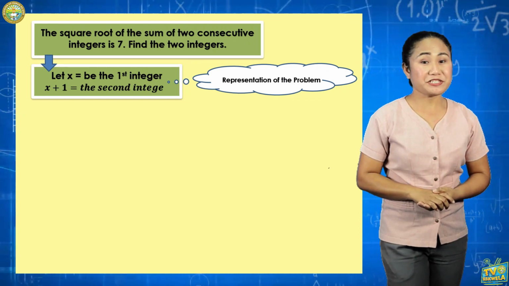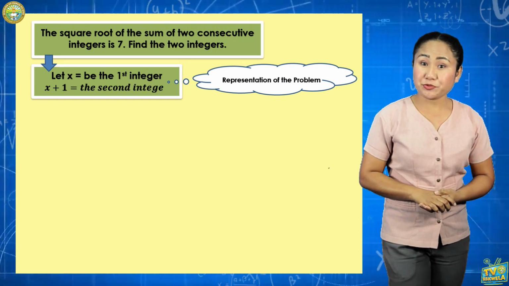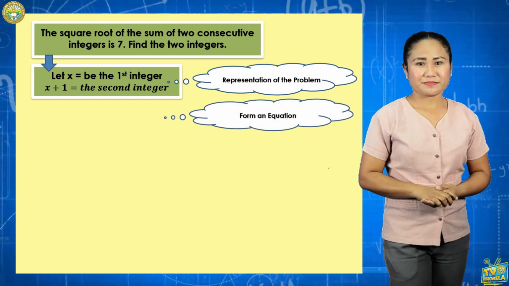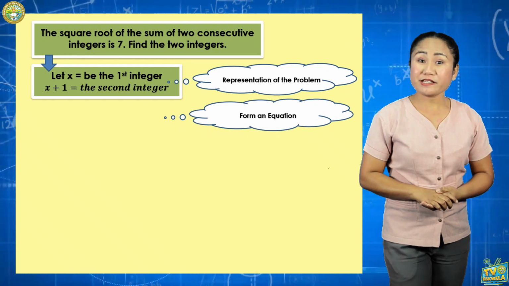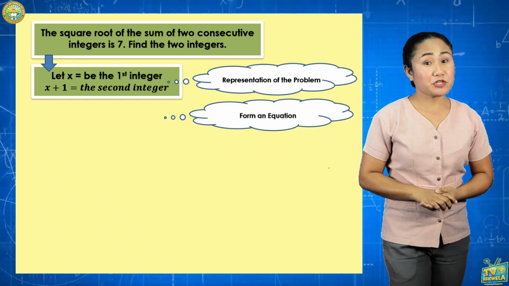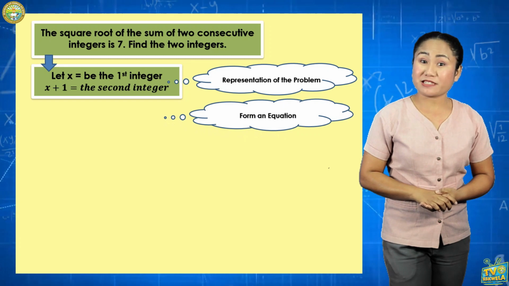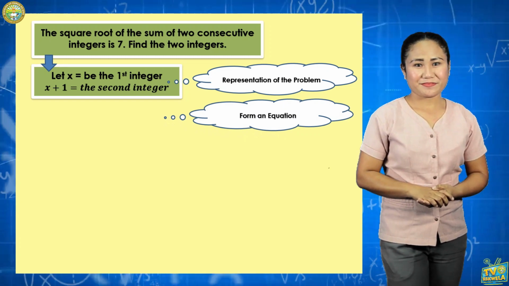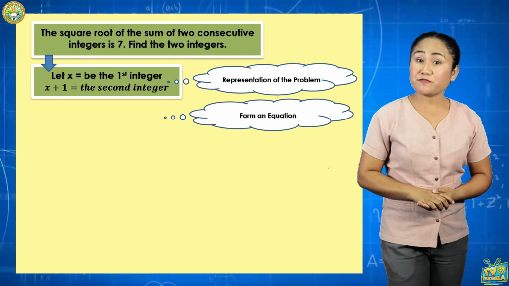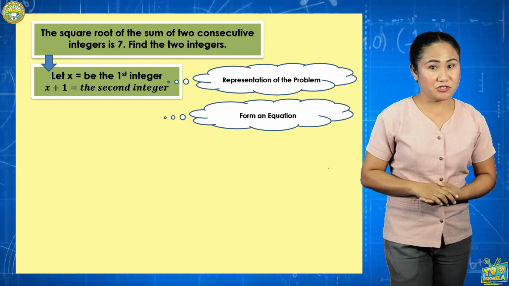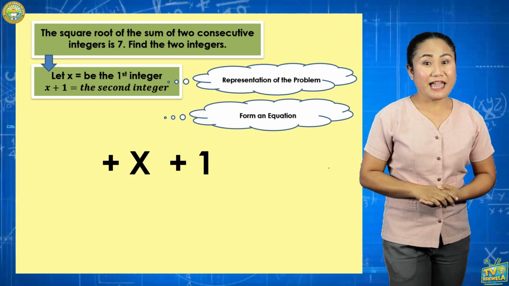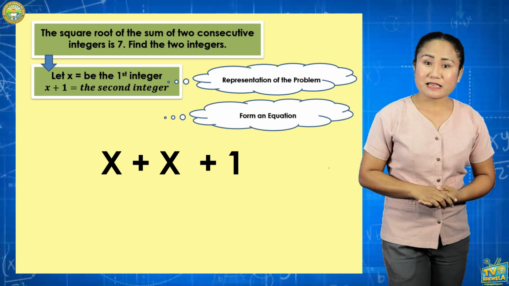After representing the problem, the next rule would be to form an equation. We will express the problem as an equation using the representation we came up with. The sum of the two consecutive integers is represented by x plus x plus 1.